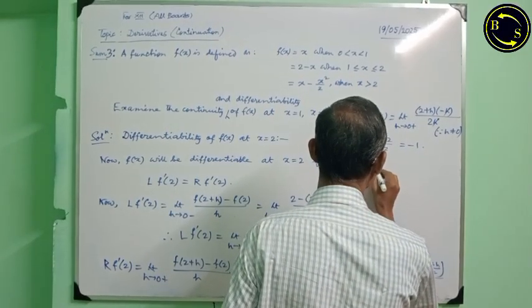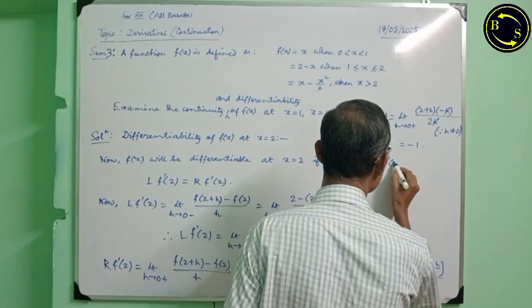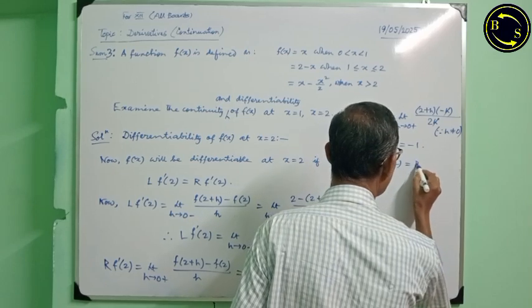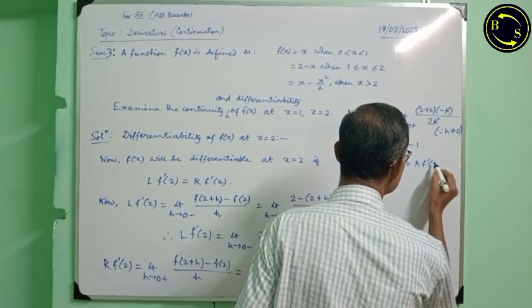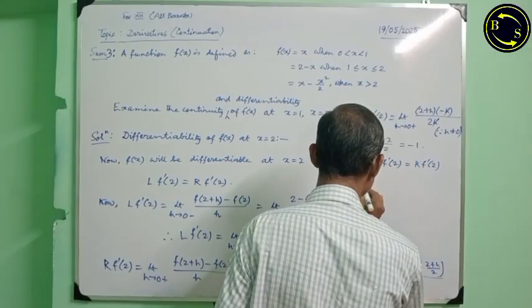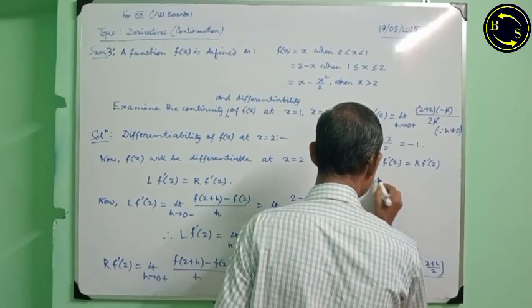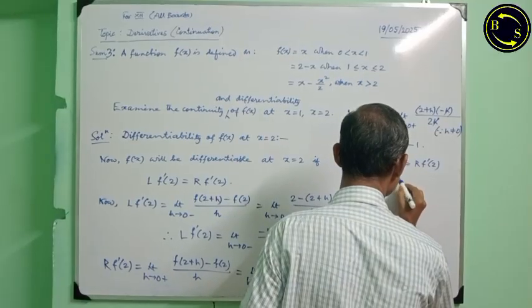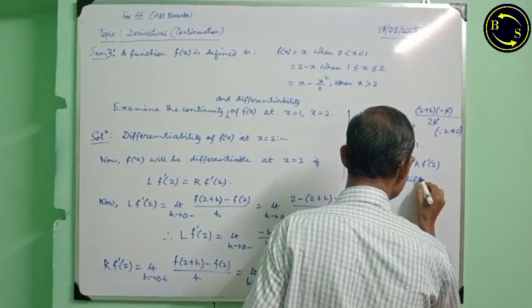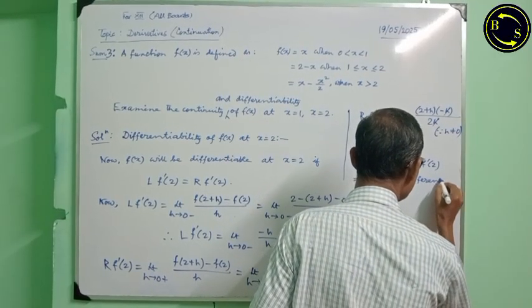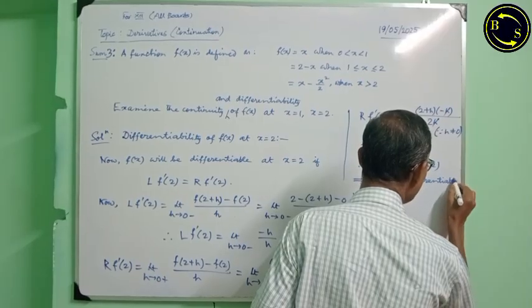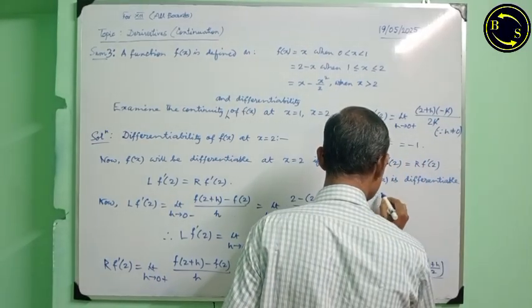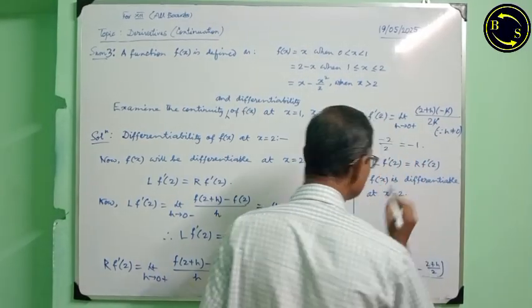Therefore L f dash 2 is equal to R f dash 2, which implies f(x) is differentiable at x equal to 2.